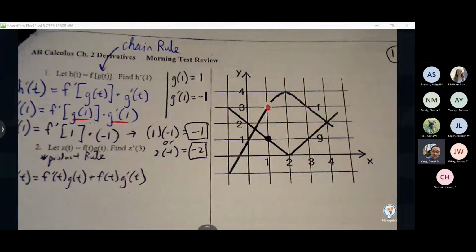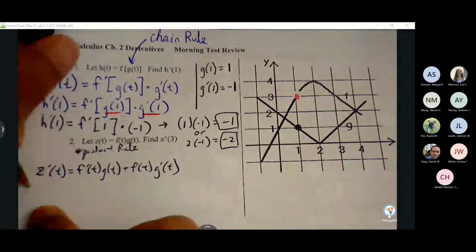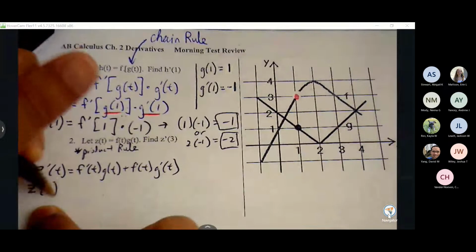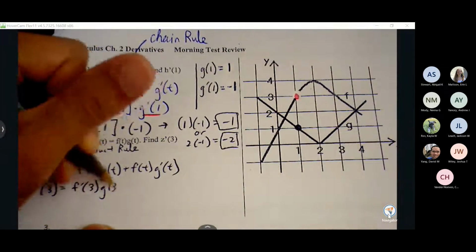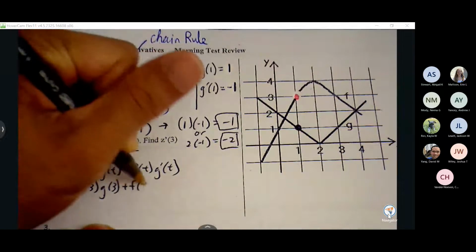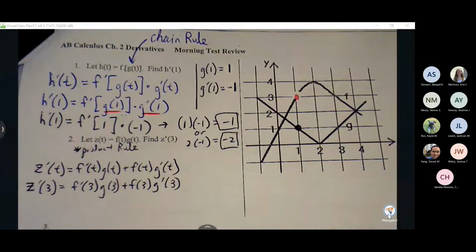Okay, page 17. Okay, replace every t with 3. Now we go to our graph, right?